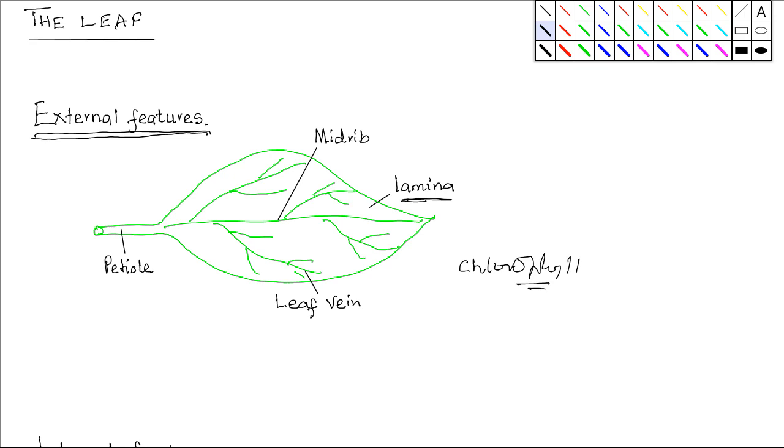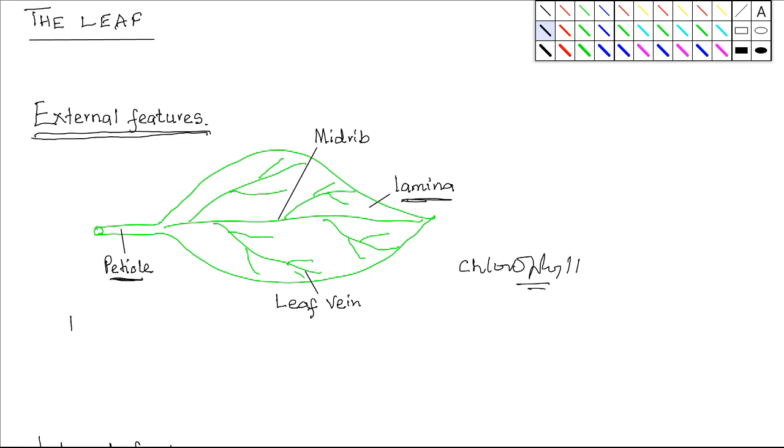There is the petiole, which provides support by attaching the leaf to the stem, and the attachment of the petiole to the stem is such that it is at an angle.